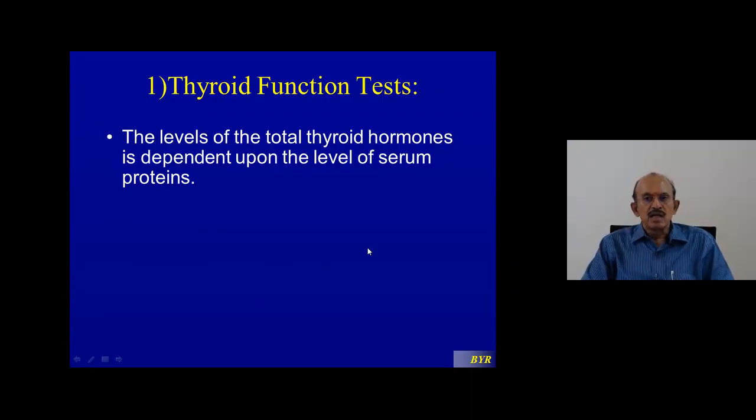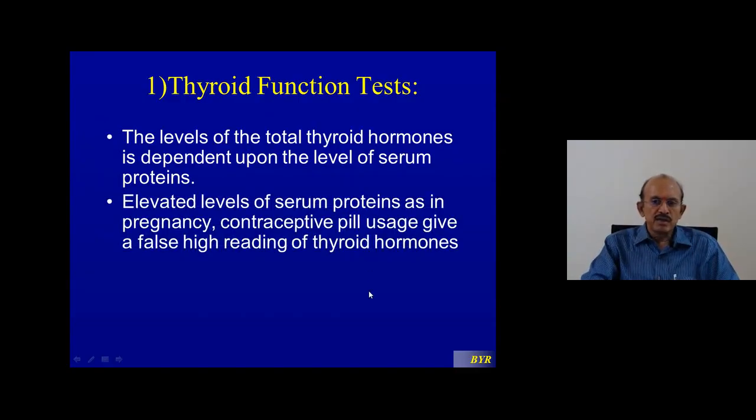So if serum proteins are low, then thyroid hormones also will be shown as low, but they are produced normally.